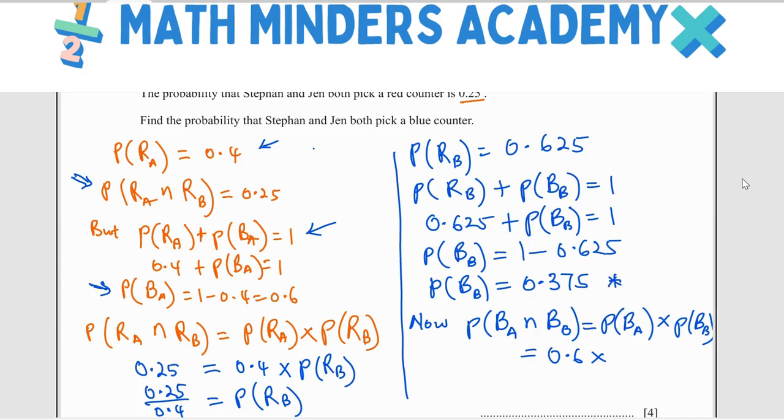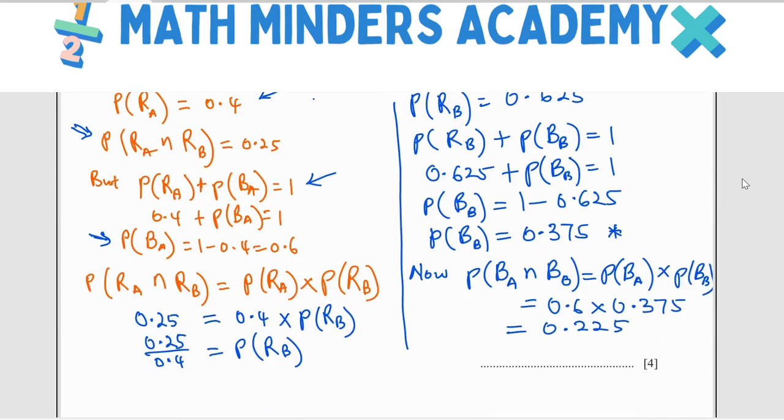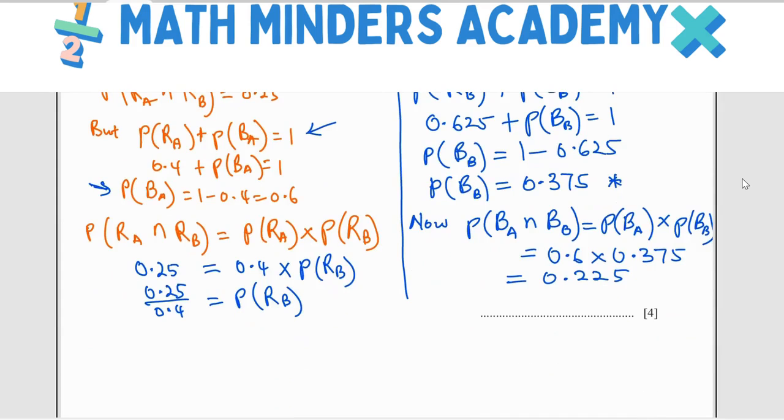Blue from bag B is 0.375, okay? We multiply this together, it gives us 0.225. So that is the probability of both picking blue from the bag. So we have 0.225. You can go through this probability once again to understand the steps taken.